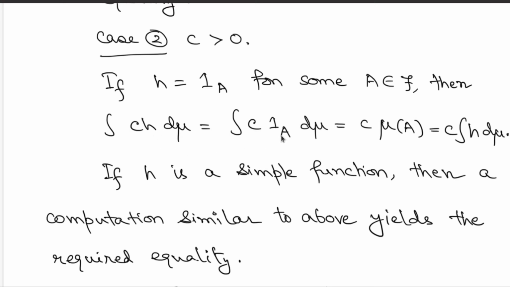Put in h as the indicator of A, so you are considering c times the indicator of A, and as per the description, this is nothing but c times the measure of A. But you can rewrite it as c times the integral of h, because h is nothing but the indicator. Remember, if you integrate the indicator of A, you just get back the measure. That's what we are using now. So the required equality holds when h is an indicator function.